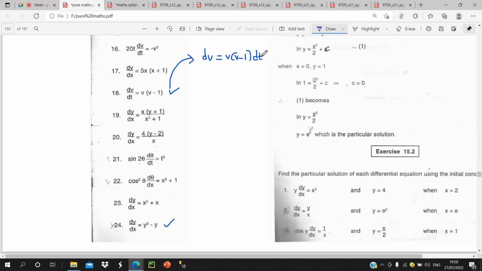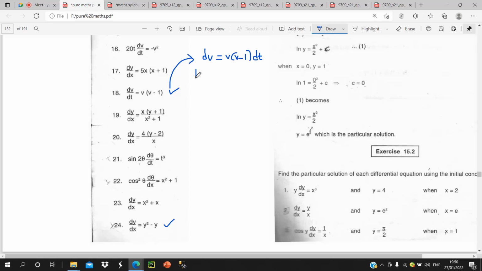Yes. The next, what are we going to do? Divide by v over bracket v minus 1. Yes, so we are going to divide each side by this.